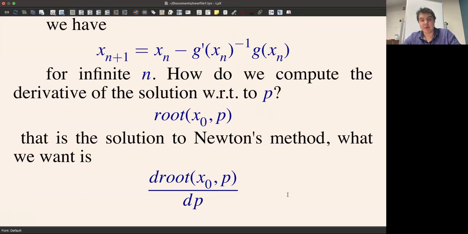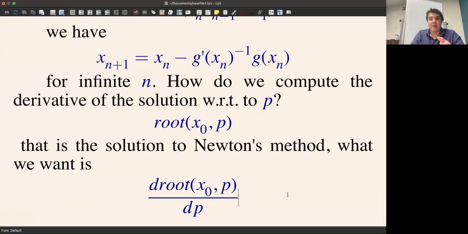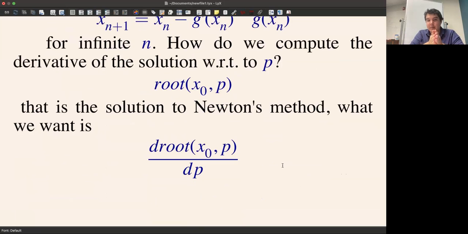This is what we want to calculate: how the root of Newton's method changes, not the initial point or the x's in the middle. We want to get the end point.